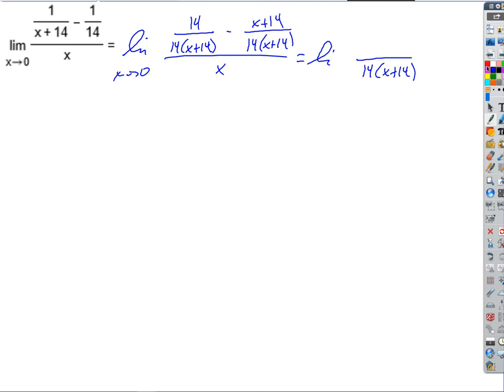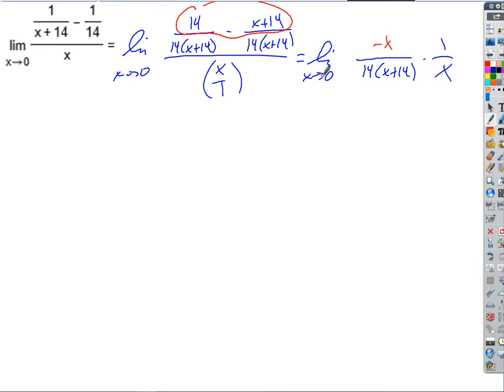And if I simplify the numerator, what is 14 minus the quantity x plus 14? Negative x. Negative x, right? And then dividing by x is the same as multiplying by 1 over x.